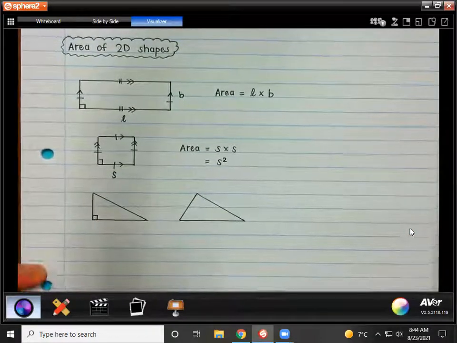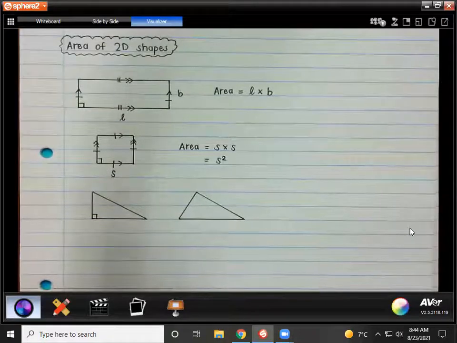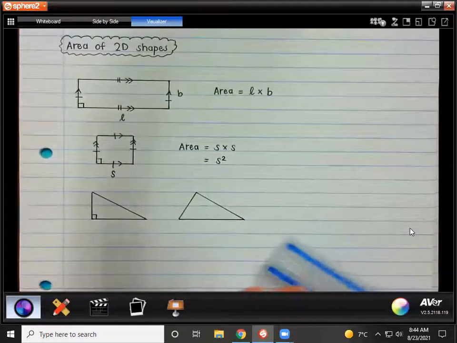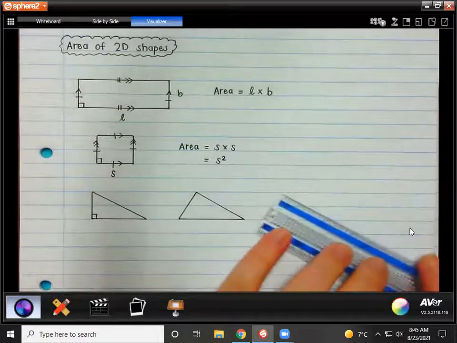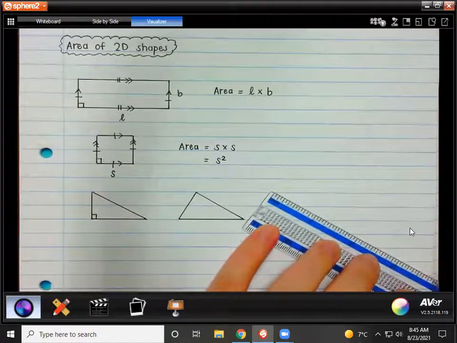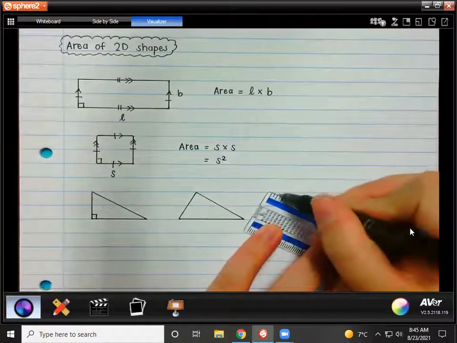Okay, then we have another one that's actually not a right angle triangle. And then we have, let's do like this.